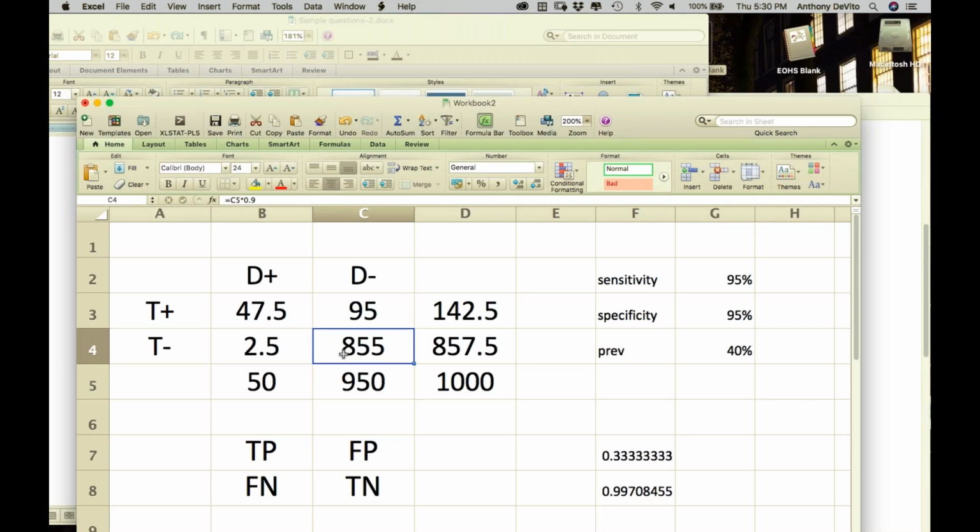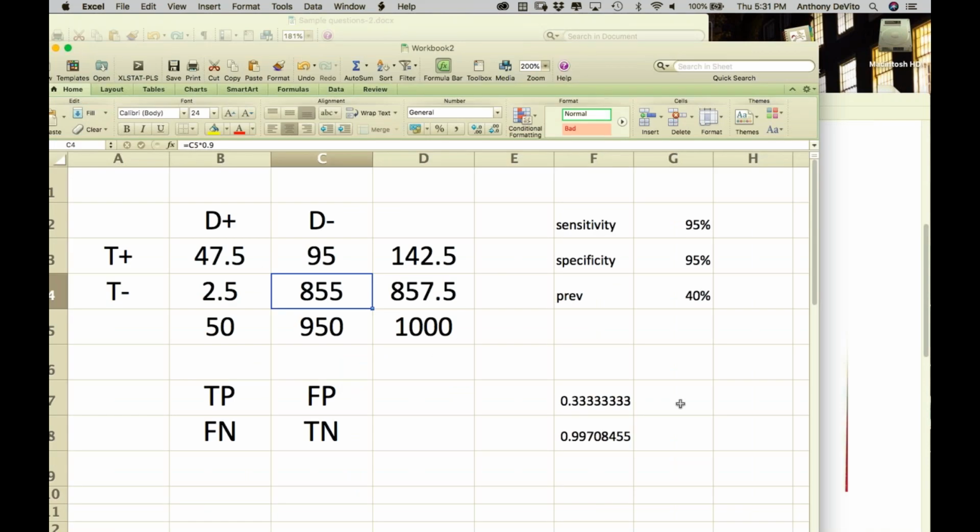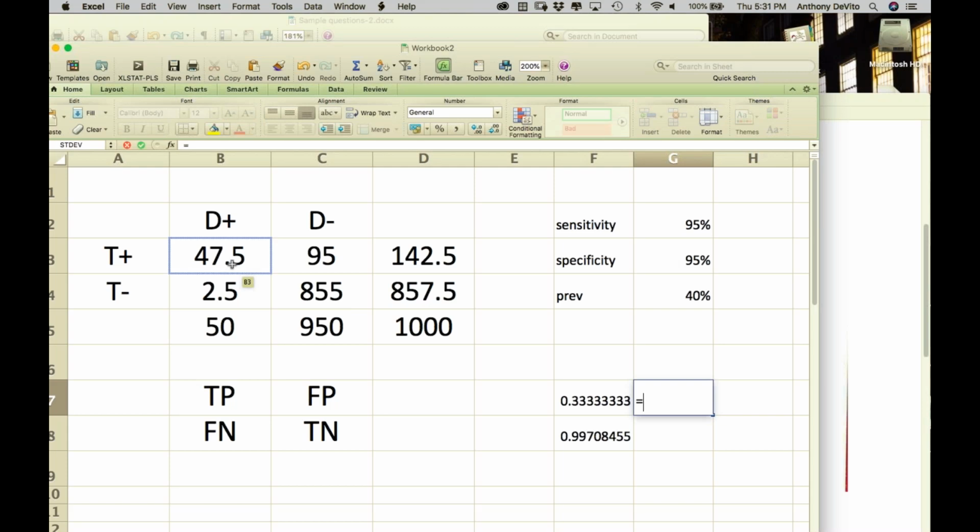Okay, so what happened here? Same test. 95% of the time it got it right. 95% of the time they got the negatives right, right? But this time, let's take a look at what happened to the predictive values. How many people tested positive? 142.5. How many people actually have the disease that tested positive? 47.5. So that's equal to 47.5 divided by 142.5, and it comes out to be 33%.